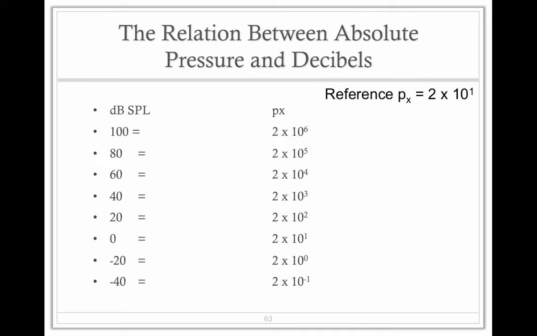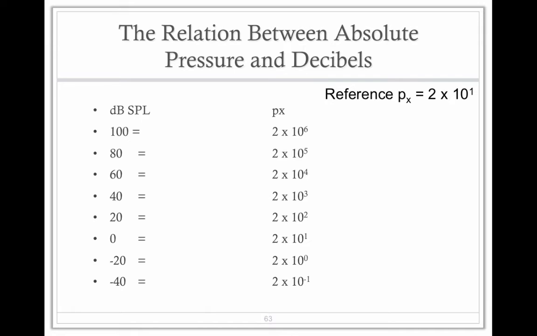The absolute value, 10 to the, is in the right column, and we have our reference for dB SPL, 10 to the first micropascals. So if we took the first value, 2 times 10 to the 6th over 2 times 10 to the first, what do we get? We get 10 to the 5th. 5 times 2 is 10, times 10, remember we're talking about decibels, and 100 is our answer, dB SPL.